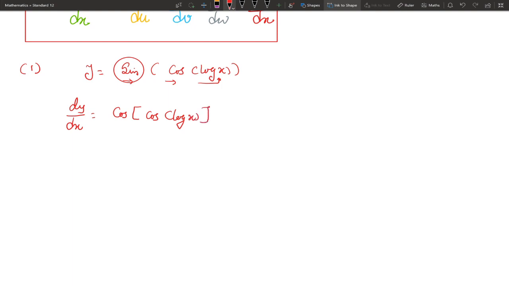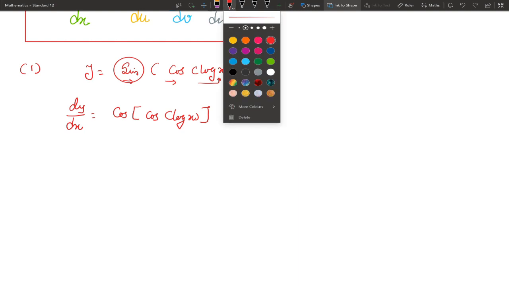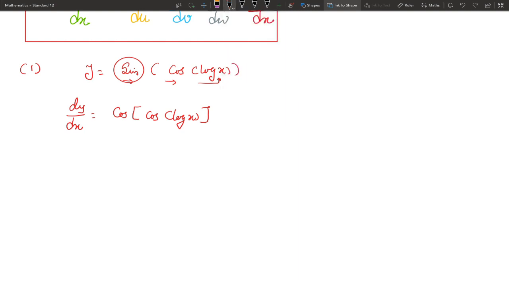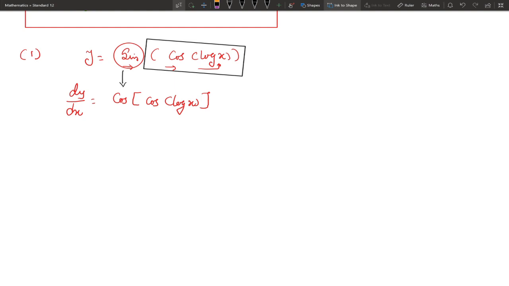You start with outside. Now check inside, it is nothing but a function of x. So by chain rule, d by dx of cos of log x.